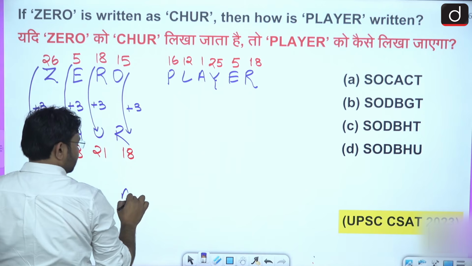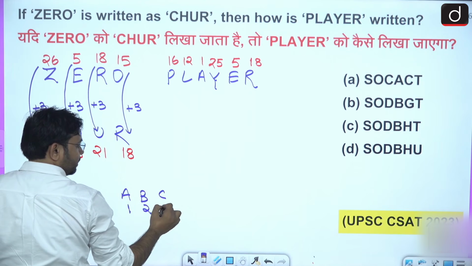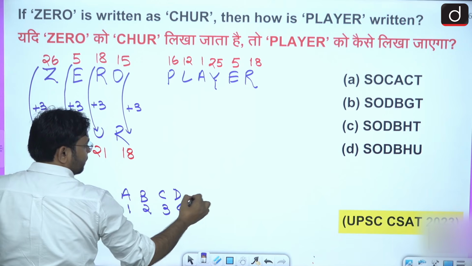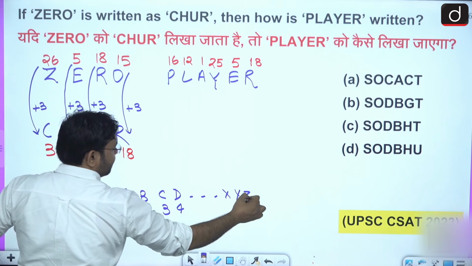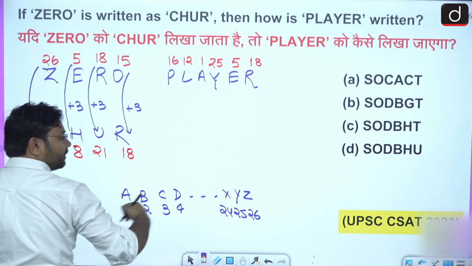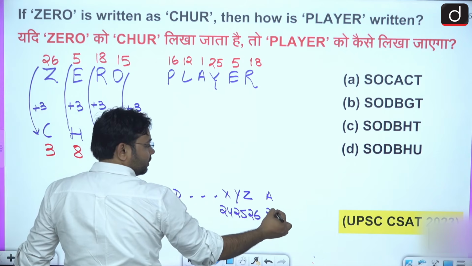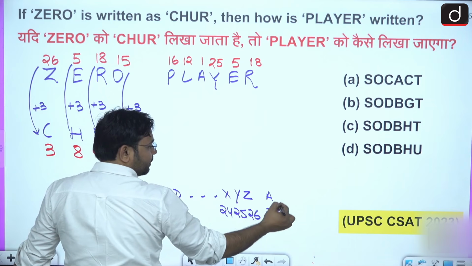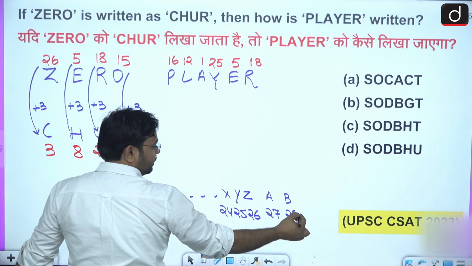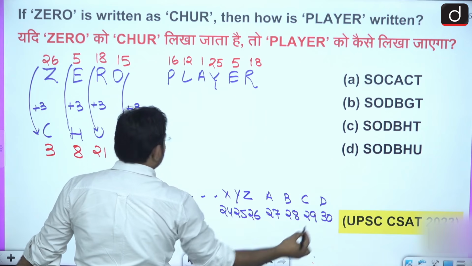focus on this. A is 1, B is 2, C, D, then X, Y, Z is 24, 25 and 26. If we are writing in a sequence, then again A is 27, B is 28, C is 29, D is 30.